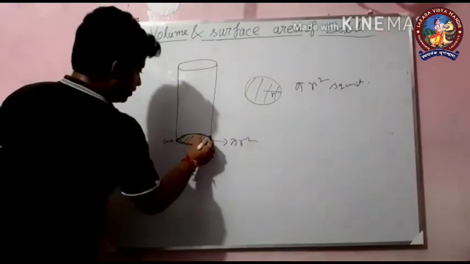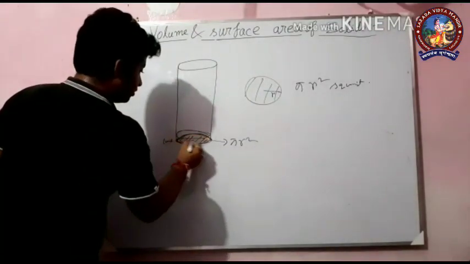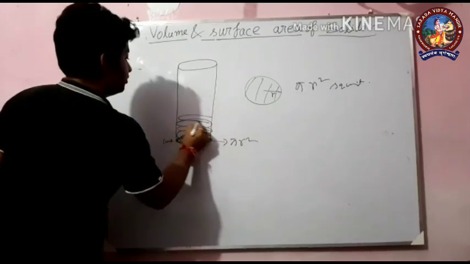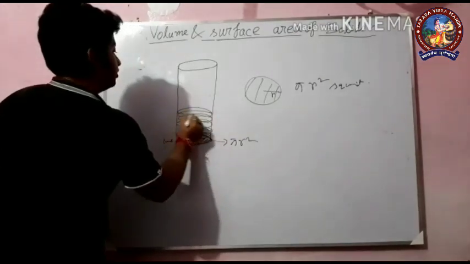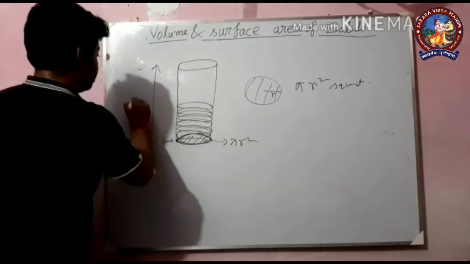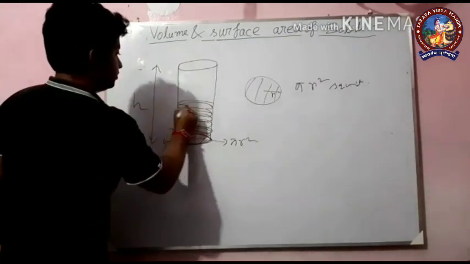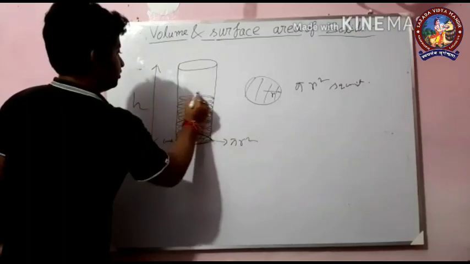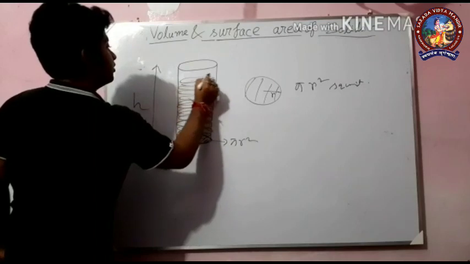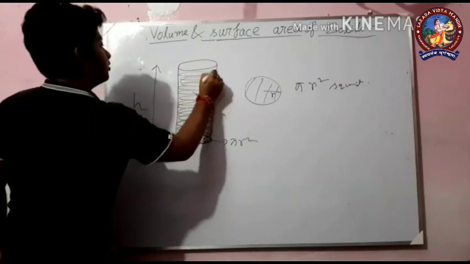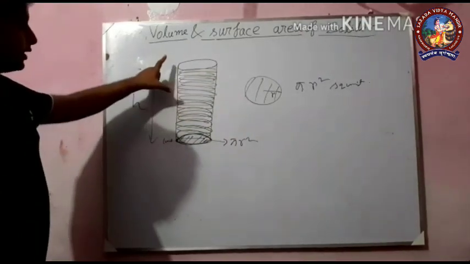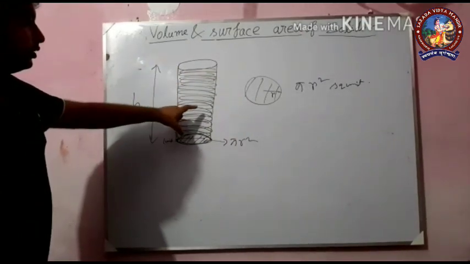Suppose I am taking here 8 circular plates in this way, because the height of the cylinder is h. In this way, how many circular plates can be accommodated in this cylinder?